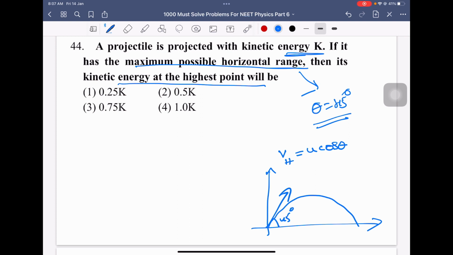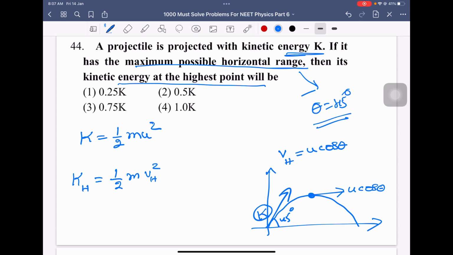So the initial kinetic energy is k, and we have to find the kinetic energy at the highest point. For that, velocity at the highest point is required, that is u cos theta. Initial kinetic energy k equals half m u square. Then kinetic energy at the highest point is half into m into (u cos theta) whole square, which is half m u square cos square theta, where theta is 45 degree.